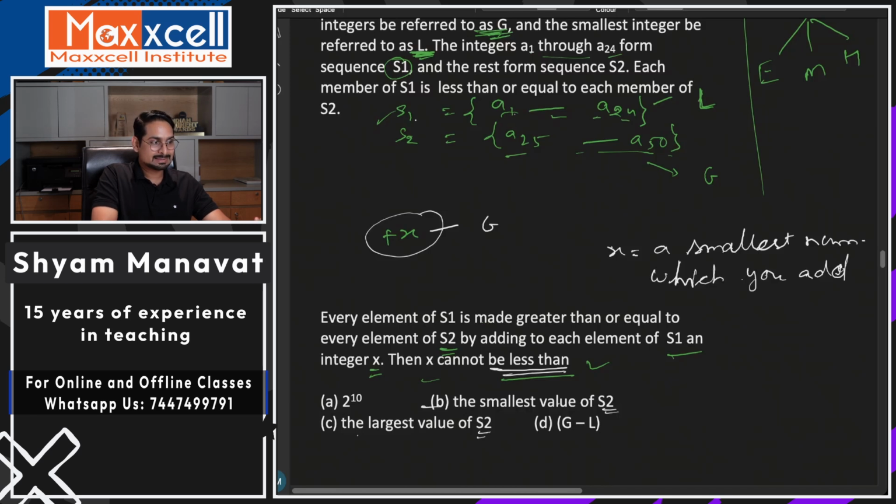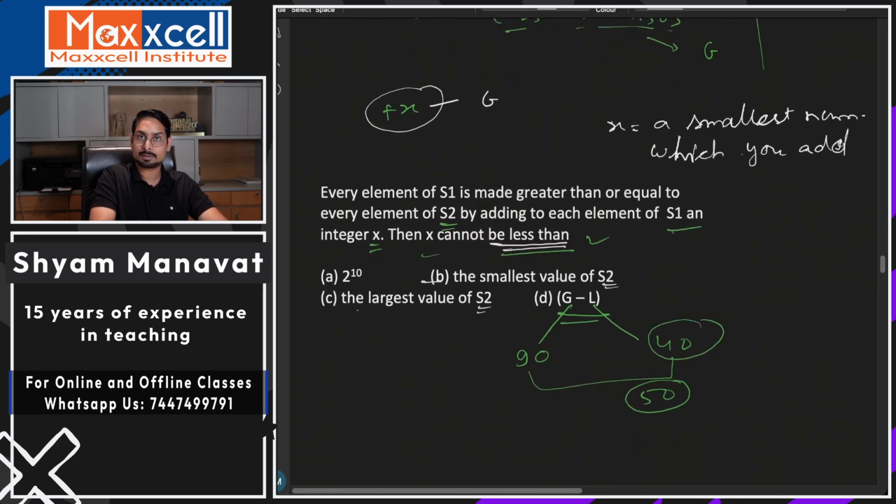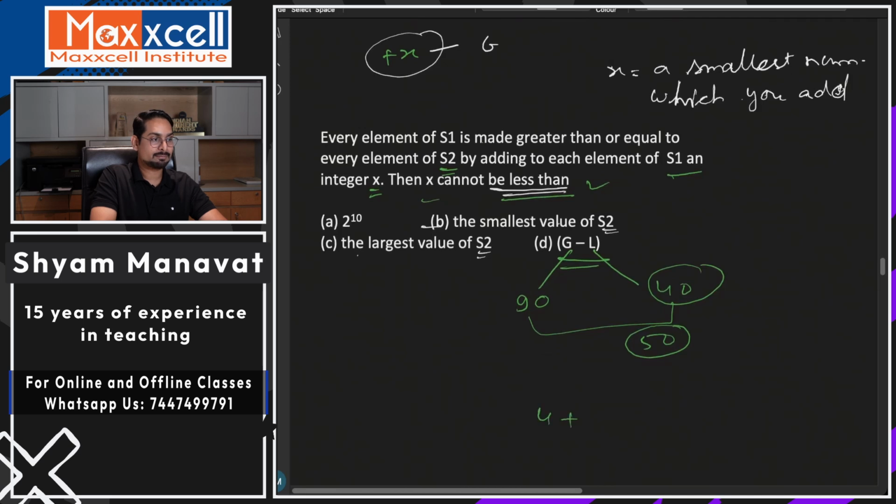The next option is G minus L, the difference between the greatest and the smallest. Let's say the greatest is 90 and the smallest is 40. The difference between them is 50. If you add 50 to each element of S1, the smallest, which is L, 40, will also become 90.